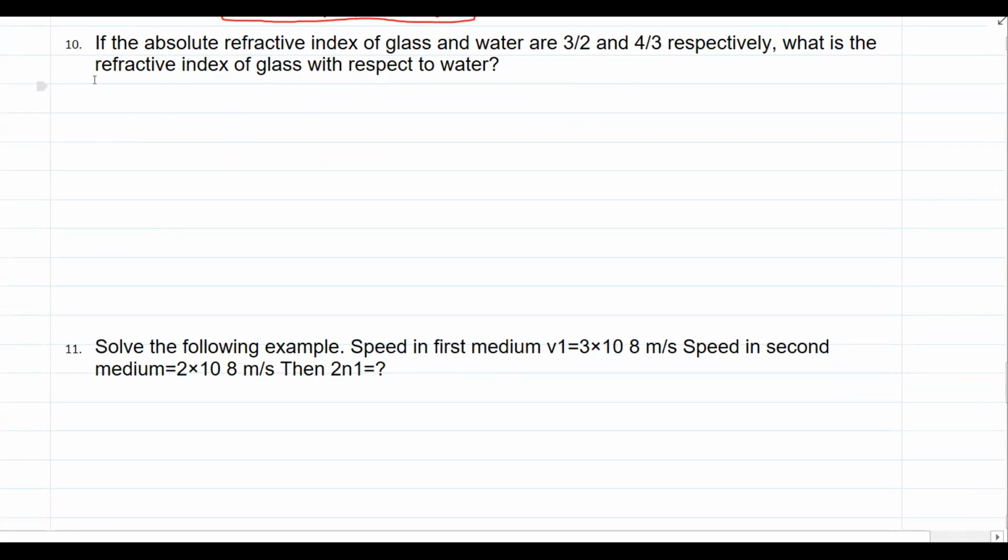Okay, so here absolute refractive index of glass is given, that is Ng, refractive index of glass, 3/2. Refractive index of water is given 4/3.